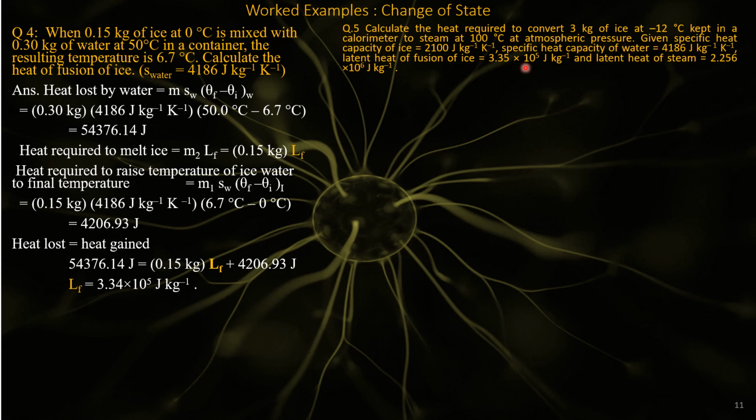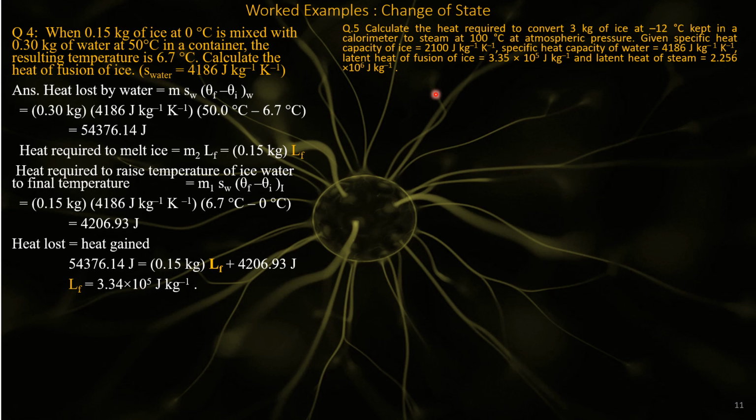Given specific heat capacity of ice 2100 joules per kg per Kelvin. The specific heat capacity of water is 4186 joules per kg per Kelvin. Latent heat of fusion of ice equals 3.35 into 10 to the power of 5 joules per kg, and latent heat of steam is equal to 2.256 into 10 to the power of 6 joules per kg.